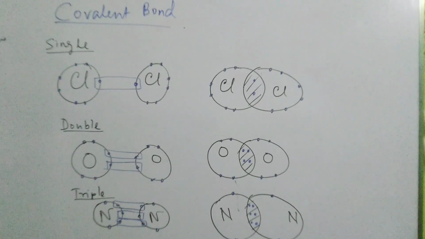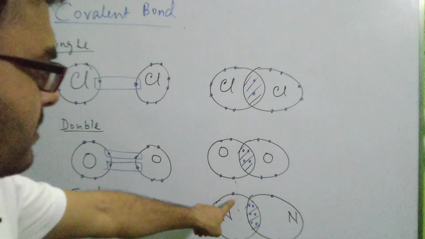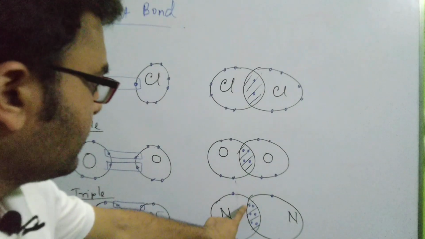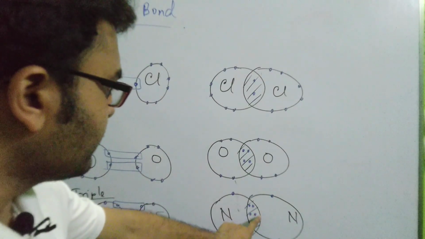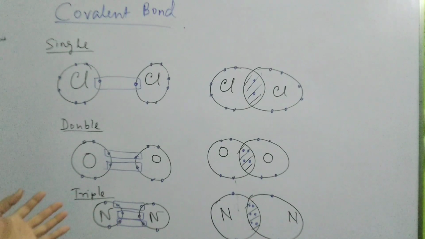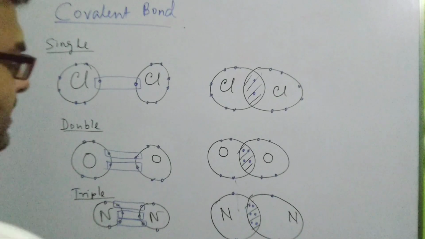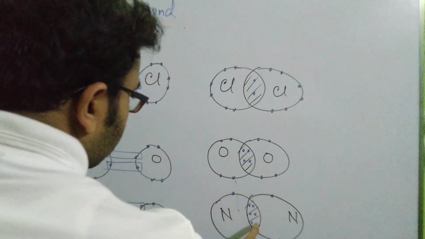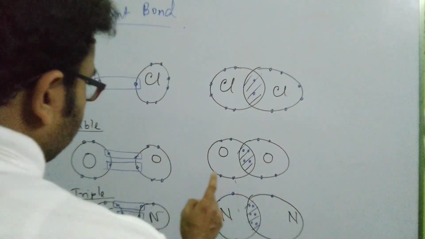Now see, the electrons are not being totally given away. They are being shared. If we take this counting here, this nitrogen atom has 1, 2, 3, 4, 5, and then 6, 7, 8 electrons. From the side of the nitrogen atom on the right, it also has 1, 2, then 3, 4, 5, 6, 7, 8 electrons.